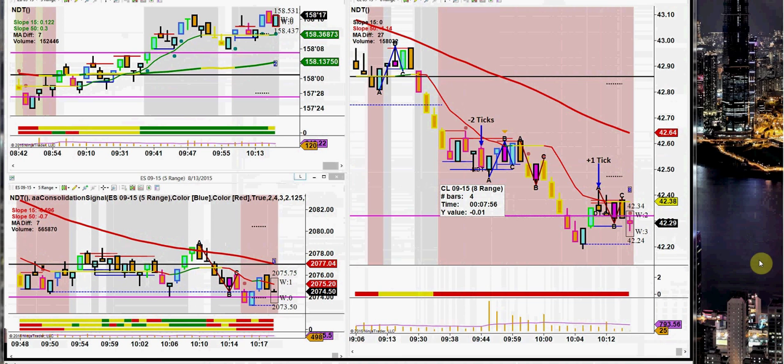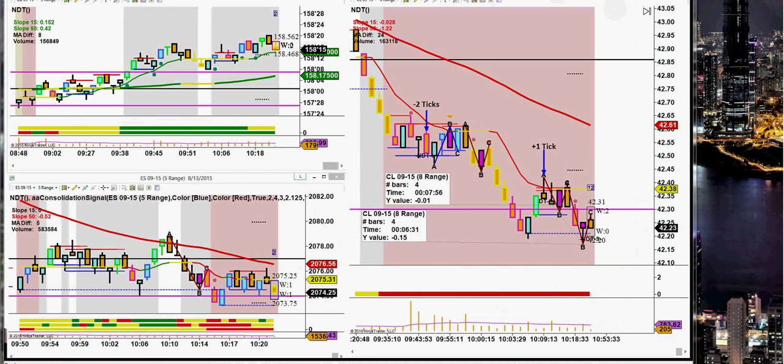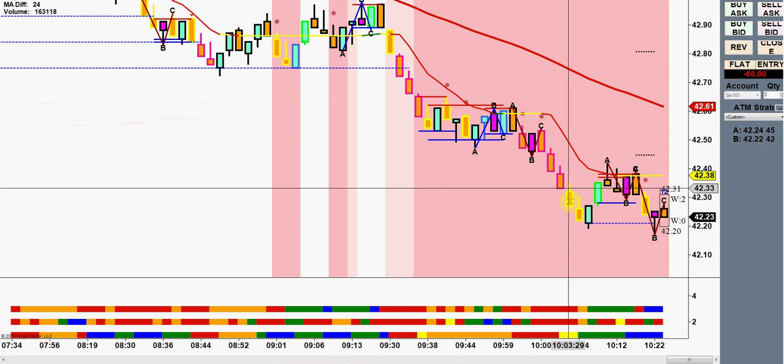We still got time to trade here. Hopefully market will give us something good that we can watch. Alright, be back shortly. Alright guys, we're gonna sell crude on a down close. Sell crude on a down close.